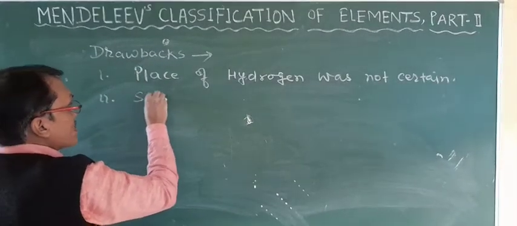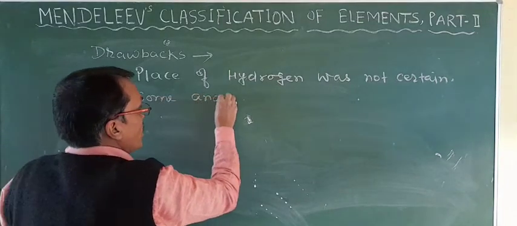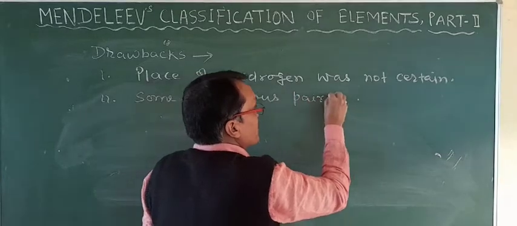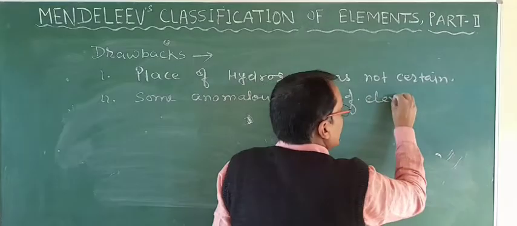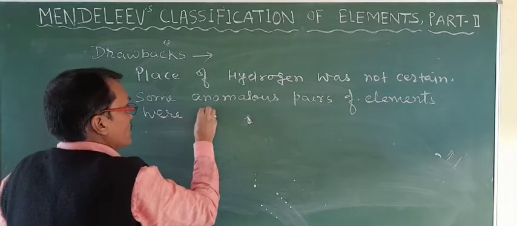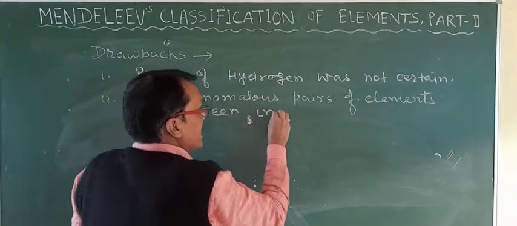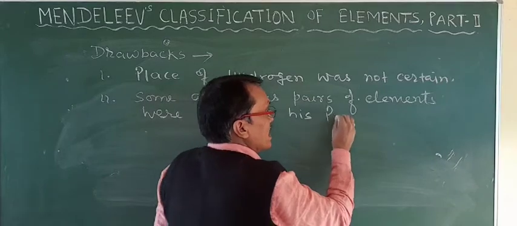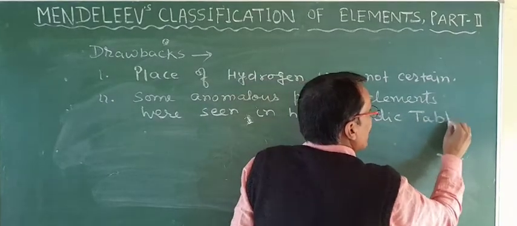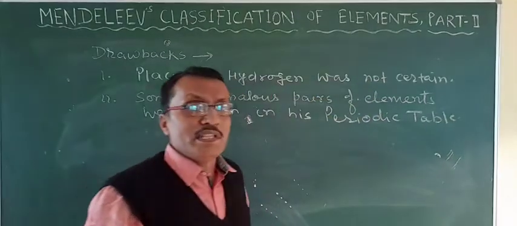Second, some anomalous pairs of elements were seen in his periodic table. Anomalous pairs of elements, what does it mean, students?